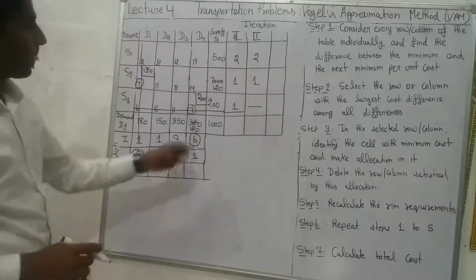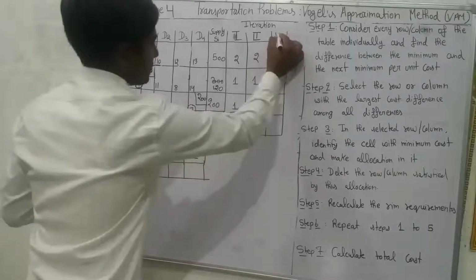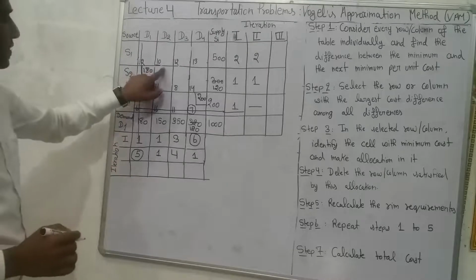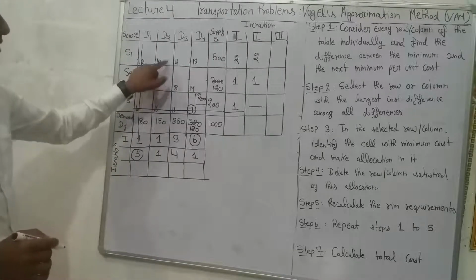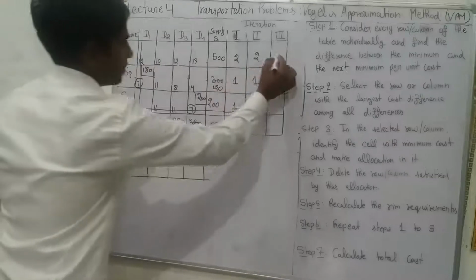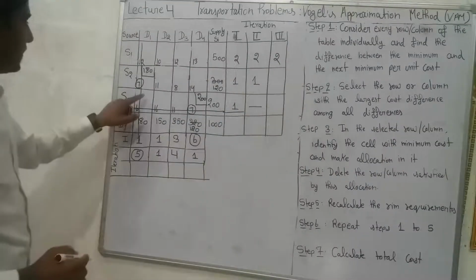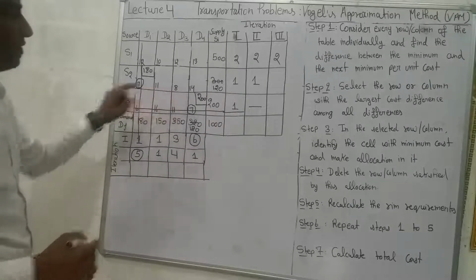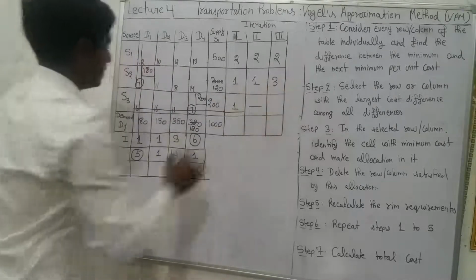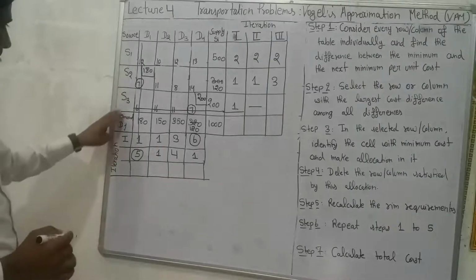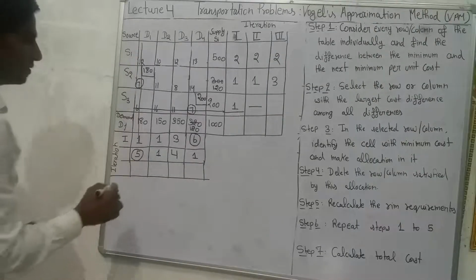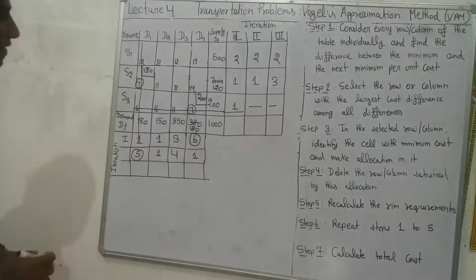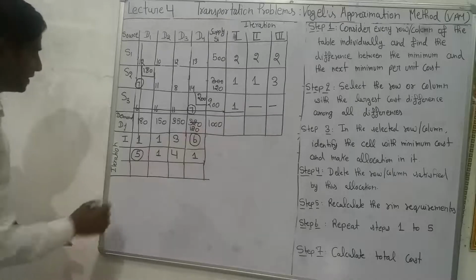So what we have to do is again calculate the differences for the remaining rows and columns. In the first row, the minimum is 10, the next minimum is 12, difference is 2. Second row, minimum is 8 and next minimum is 11, difference is 3. The third row is deleted, so we are not going to calculate the cost difference.